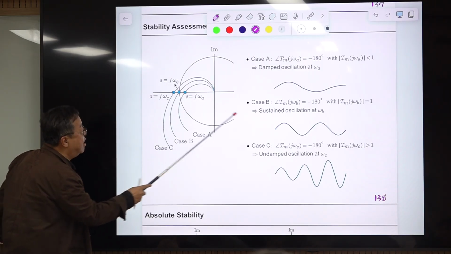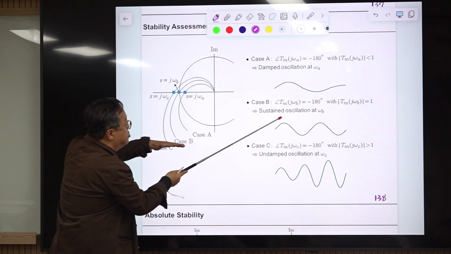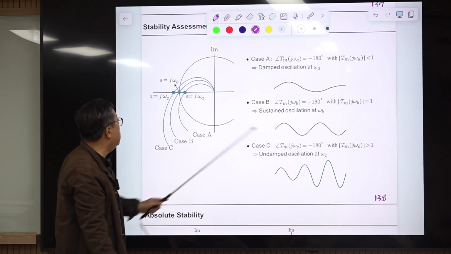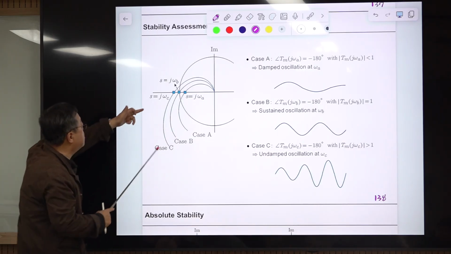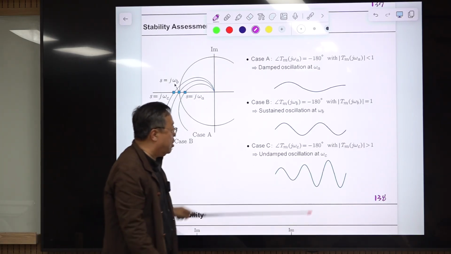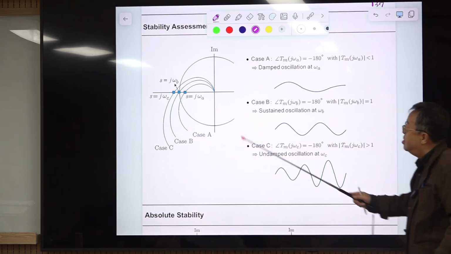In this case, if it becomes unity, then a sustained oscillation will occur at this frequency. If it passes this, it becomes unstable, and a growing oscillation comes up, and the oscillation frequency is this one.